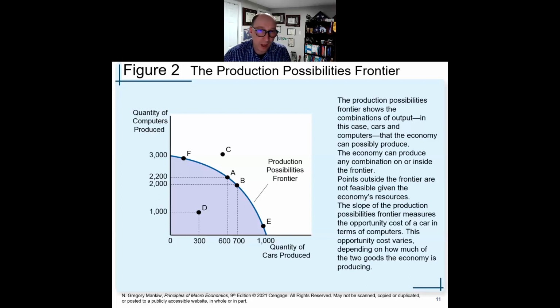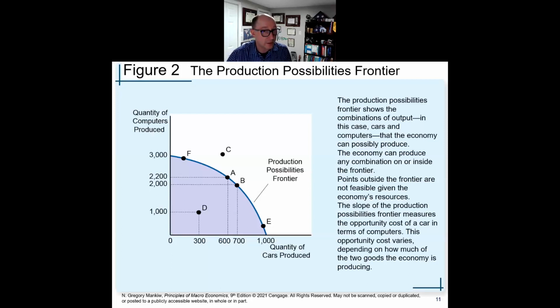For example, at point A on this graph on the line, the company can produce 2,200 computers and 600 cars. That's the most they can produce given those two factors. They can produce at most 2,200 computers and 600 cars.